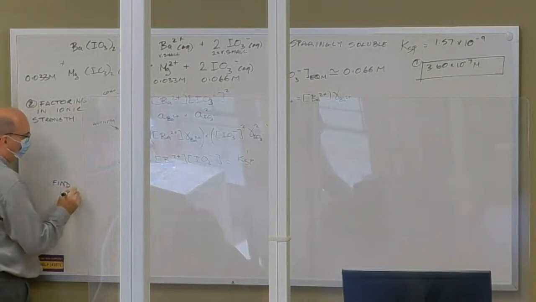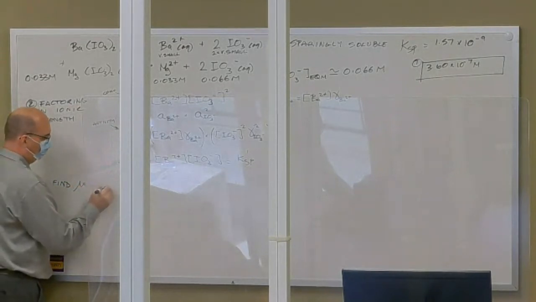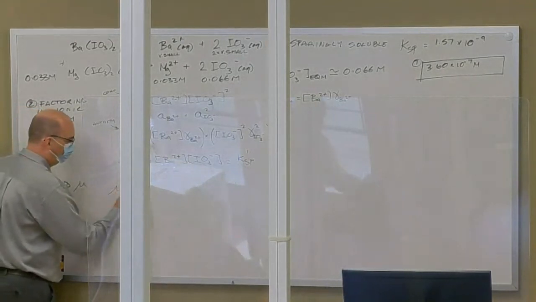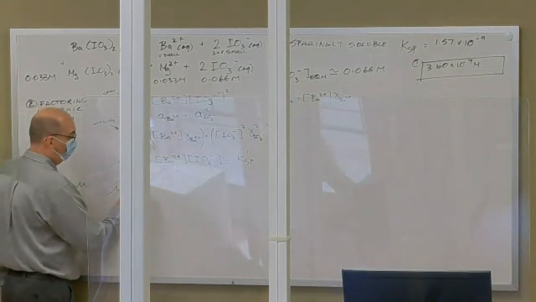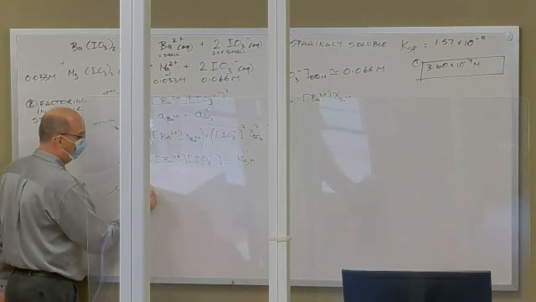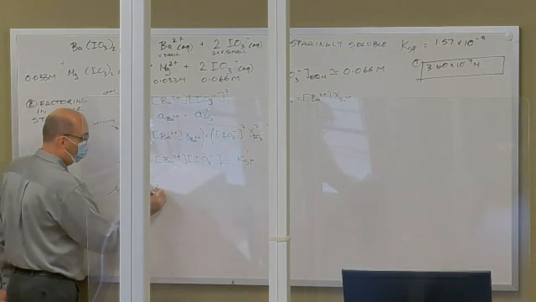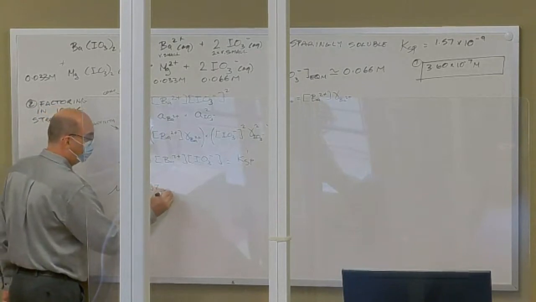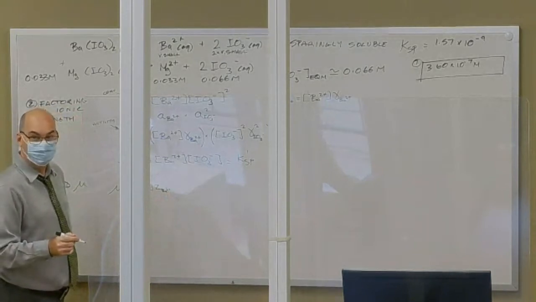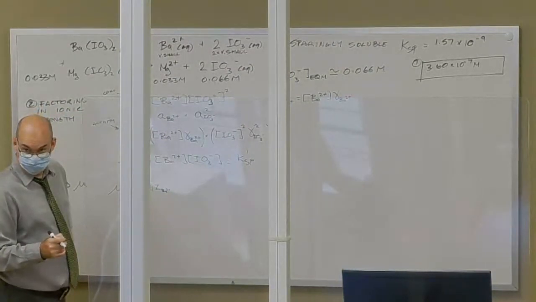In order to get there, we had to find the ionic strength. Let's recap that. That mu was half of the concentration of a cation times the charge of the cation. Is that it? Concentration times charge. Okay.